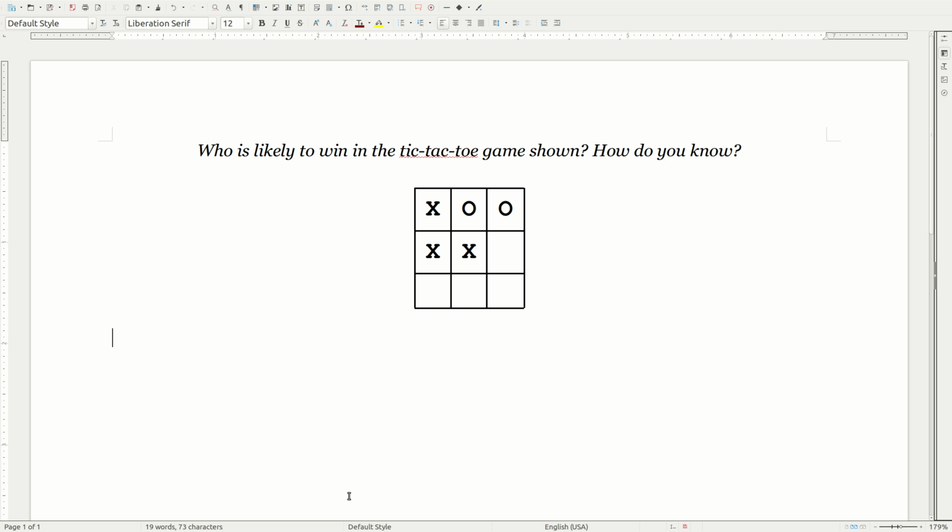And so you're going to look at some ways that a computer could represent a game like this, could think about the possibilities within it, and could think about how you could attempt to evaluate what are good moves and what are bad moves as you go through the activity with parts A and B today.